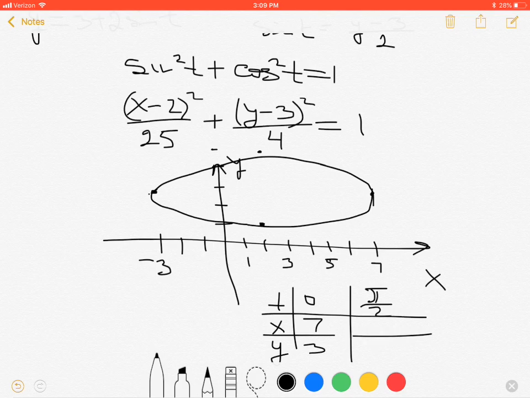If t is pi over 2, my x will be 2 and y will be 5. This means I go from here to there. Okay, this is my orientation.